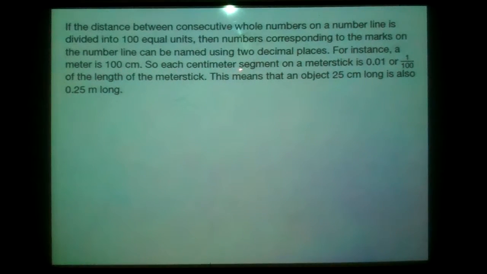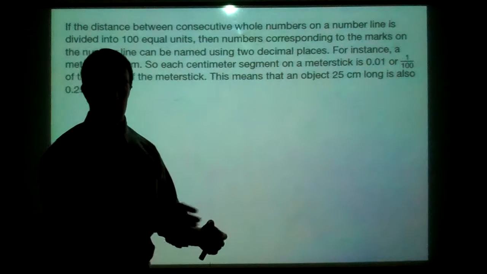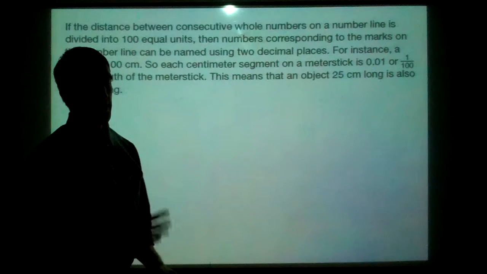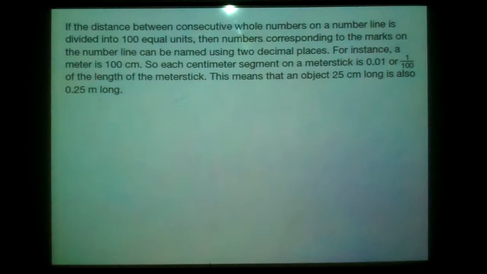So each centimeter segment on a meter stick is 1/100th of the length of the meter stick, because there are 100 centimeters in a meter. As an example, if we had something that was 25 centimeters long, we could also say that it's 0.25 meters long.